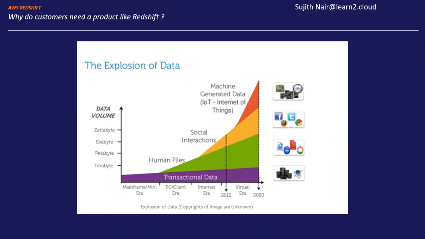And the latest things that are generating data are IoTs. These are basically your connected devices. These days, if you drive a new car, you will see that the car is always connected and continuously generating data, and that data is being sent to the manufacturer.